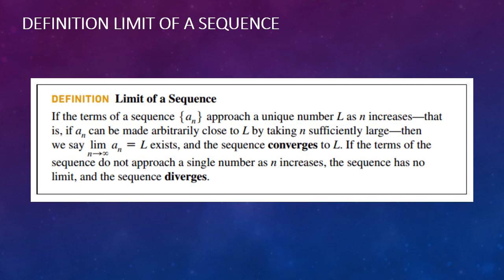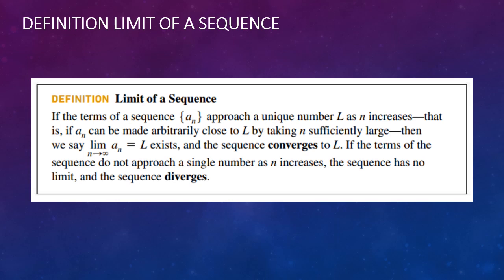If the term of a sequence, a sub n, approaches a unique number L as n increases, that is, if a sub n can be made arbitrarily close to L by taking n sufficiently large, then we say that the limit as n goes to infinity of a sub n equals L exists, and the sequence converges to L. If the terms of the sequence do not approach a single number as n increases, the sequence has no limit and the sequence diverges.